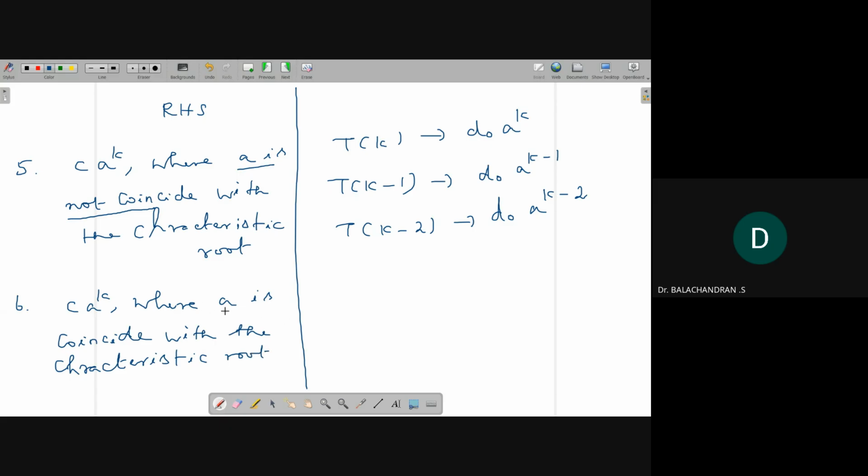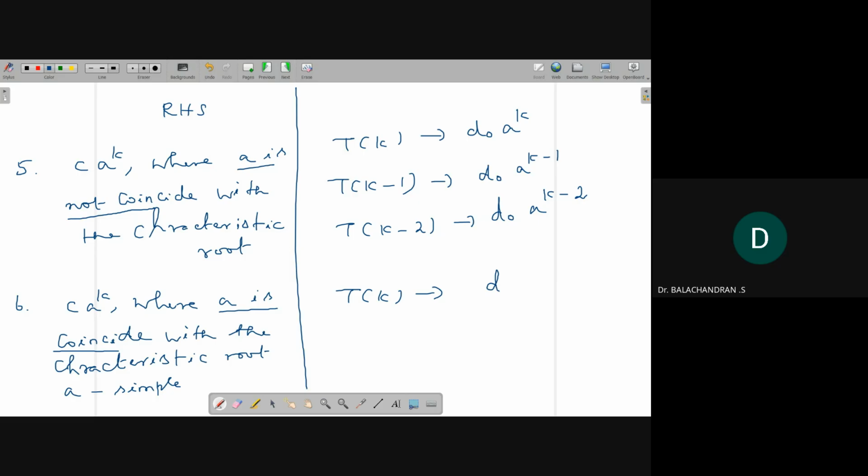In this case, a is a simple root. Because a simple root is only one; a double root means it occurs two times. So if a is a simple root, then a coincides with the characteristic root.